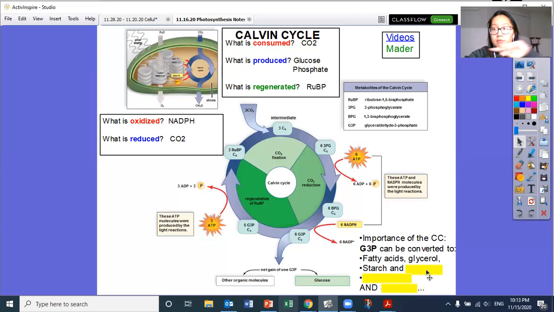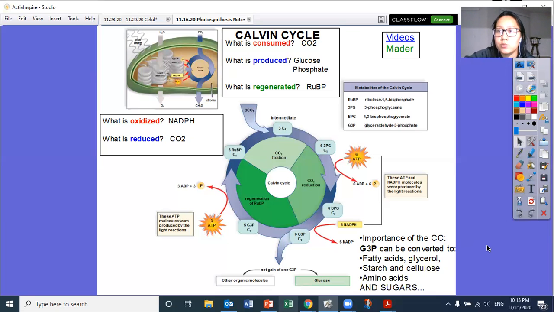Lipids are shaped like a capital E, and the backbone on the side that has the joints for the 1, 2, 3 fatty acids is glycerol. It can be turned into starch and cellulose. We talk a lot about glucose relating to starch, but cellulose is also important in plants because it's the cell wall. It can also be turned into amino acids because it has a phosphate on it, and also just sugars that are monomers or dimers of polysaccharides.